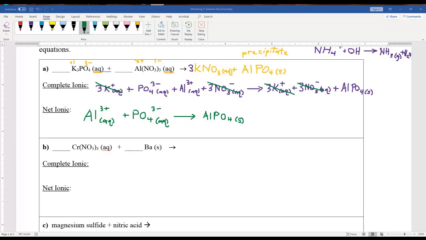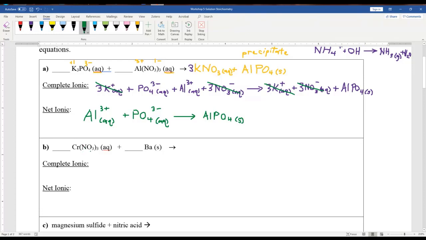Since it's a single replacement reaction, the first thing we probably want to do is identify what types of species we have, and if it's an ionic compound, identify the ions. So what would the charge of the chromium be in this compound? The chromium nitrate. Well, this chromium is positive.